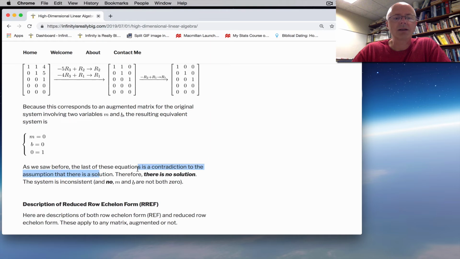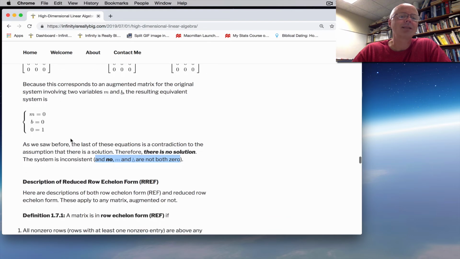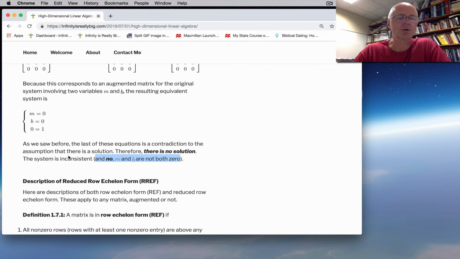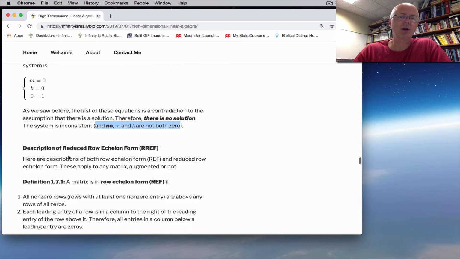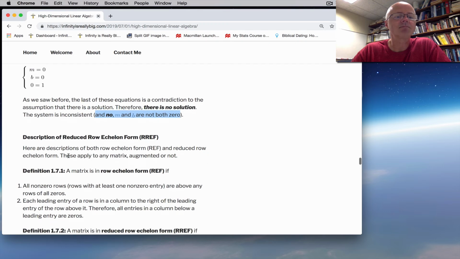This is still saying there's no solution. The system is inconsistent. And no, it's not saying that m and b are both 0. Okay? That's not a solution. The fact that we have a 0 equals 1 here implies that the original system did not have a solution. That's worthwhile practice, to get it to reduced row echelon form and to see what it is. We will do a second example here in a few minutes.